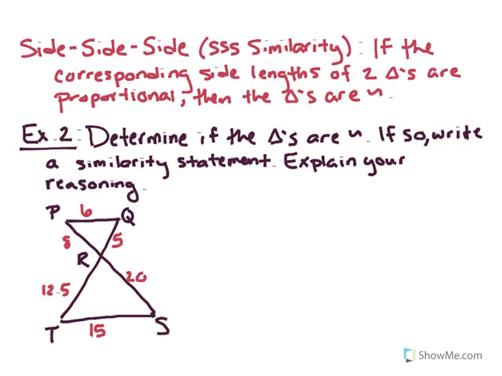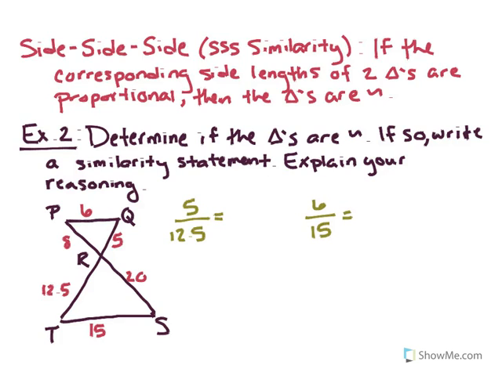I'm going to start with the smallest side, and on the small triangle, that's going to be 5, and then the small side on the large triangle is 12.5. Okay, so that's going to be my first ratio. The next one I have to determine is the next biggest side, the medium, so 6 over, and then the medium-sized one on the larger triangle is 15.